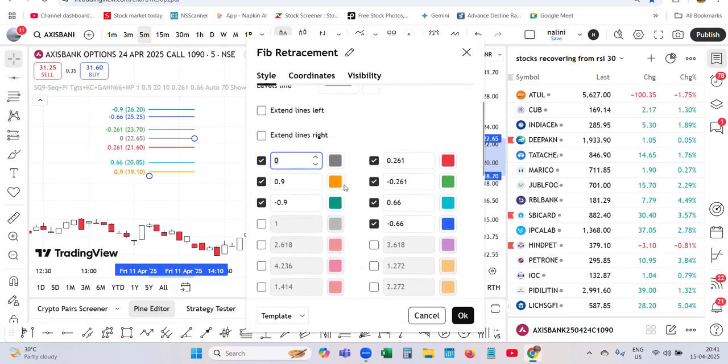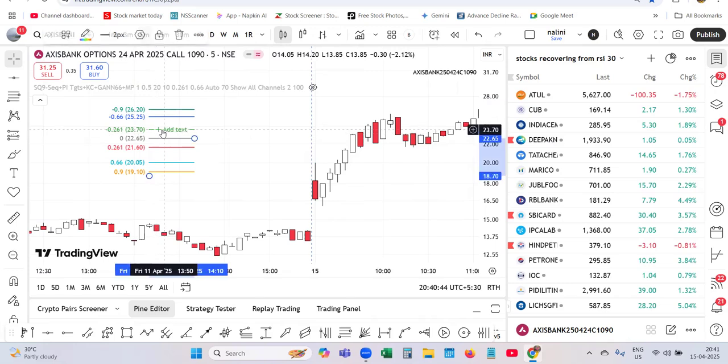In the settings, I've retained the 0 position, and I have made 90 degree 0.9, and minus 0.9 means the bottom of 90 degree, and I've made 0.261 and minus 0.261. And then I need 0.66 also, and minus 0.66. These are the things I have tweaked, and I've made this a circle.